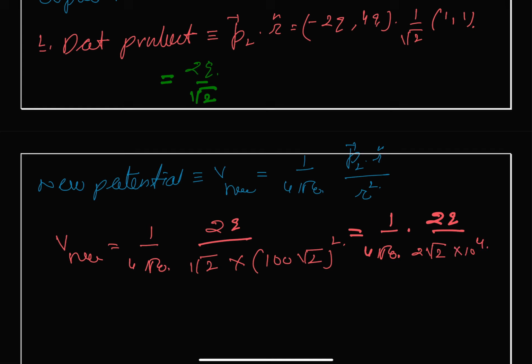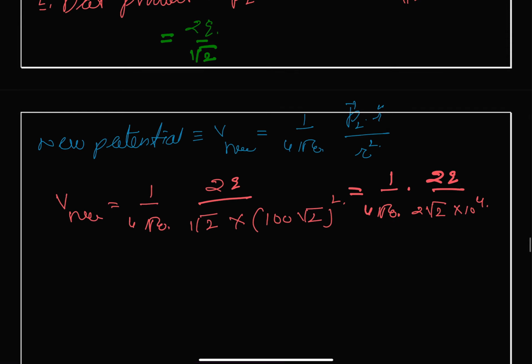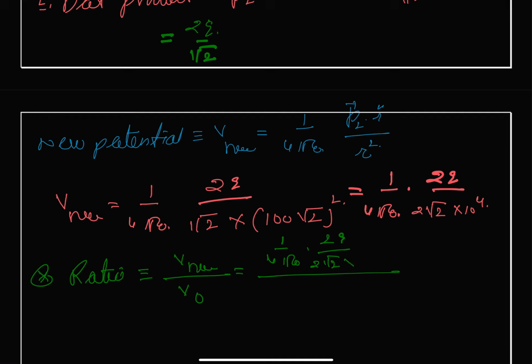And now we can just simply find out the ratio, that is our ratio V new upon V naught, and this comes as 1 upon 4 pi epsilon naught, 2q divided by 2 square root 2 into 10 to the power 4, and it comes as 1 upon 4 pi epsilon naught, this is our 4q, 2 root 2 into 10 to the power 4, and all the terms are going to cancel with each other, and this goes by 2.